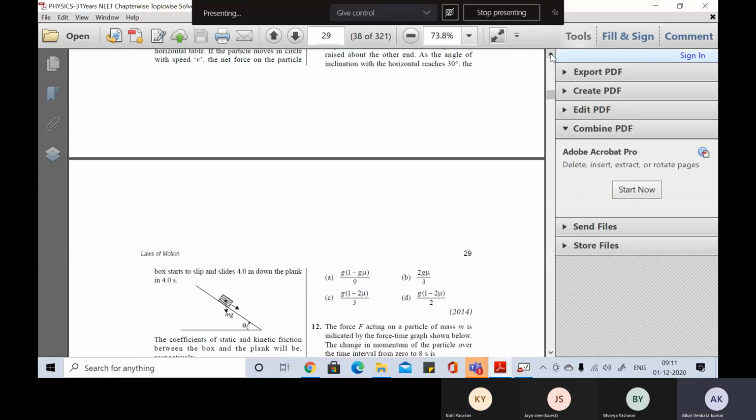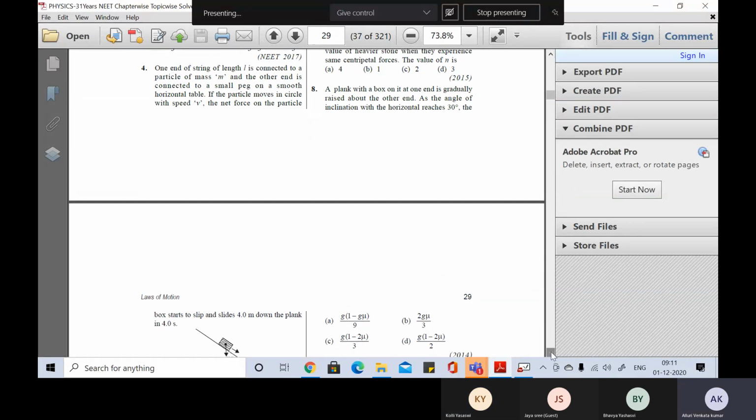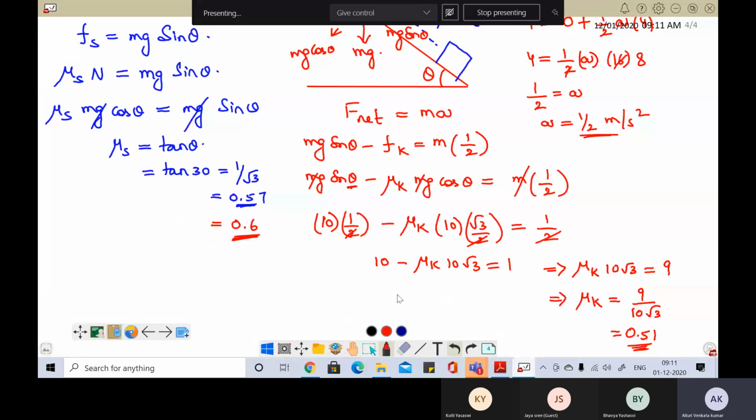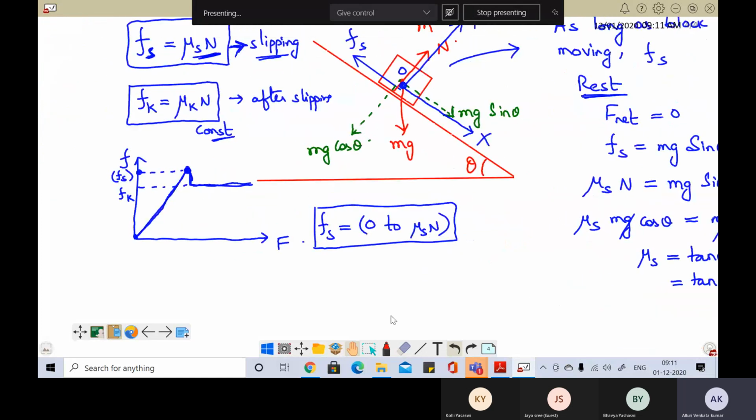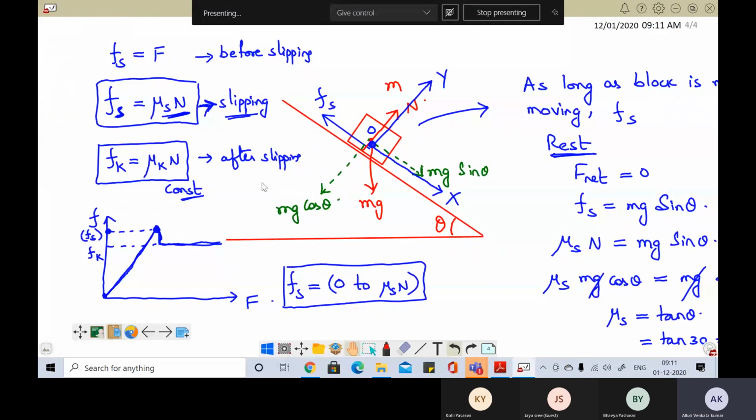Anyway, that friction is very important. That concept which I told, before slipping, applied. Generally students make a mistake here.